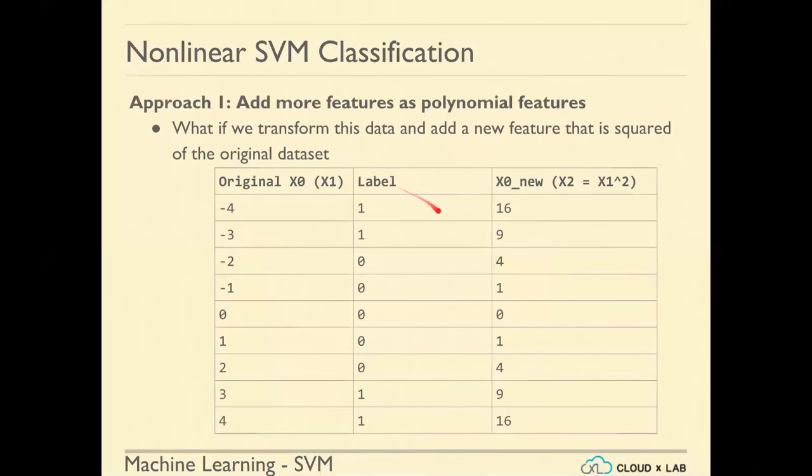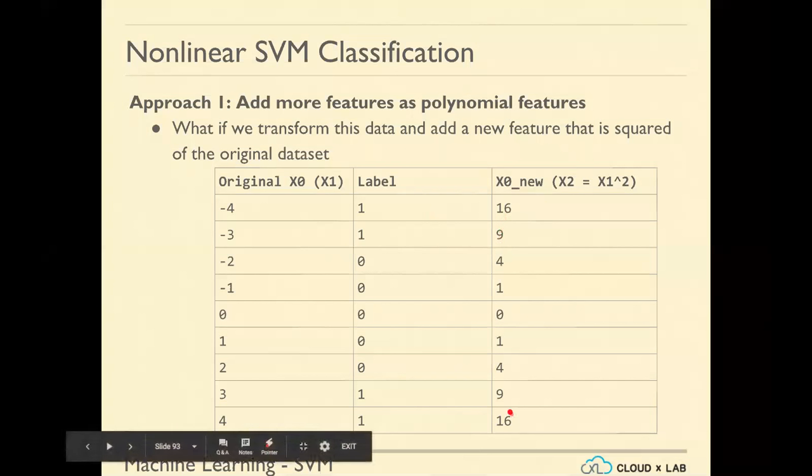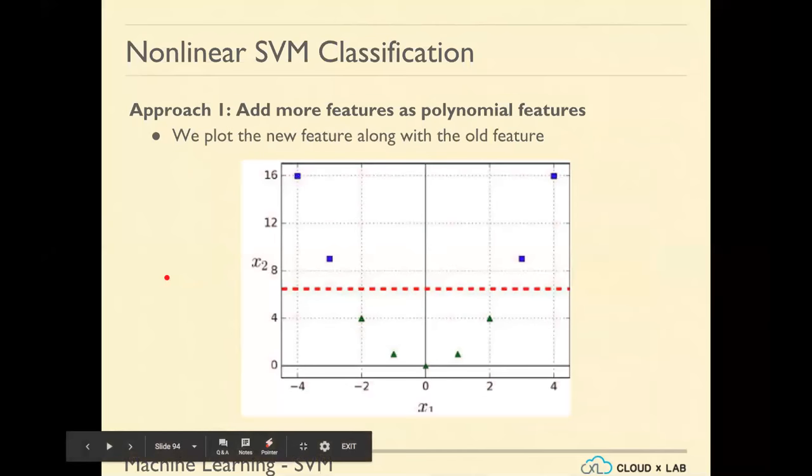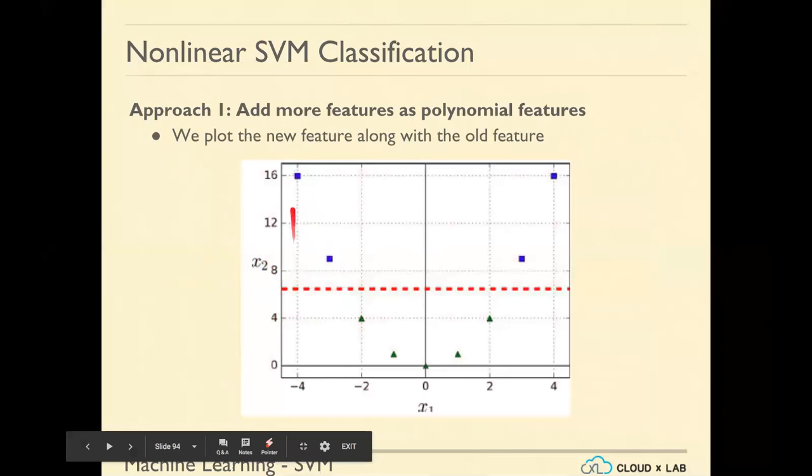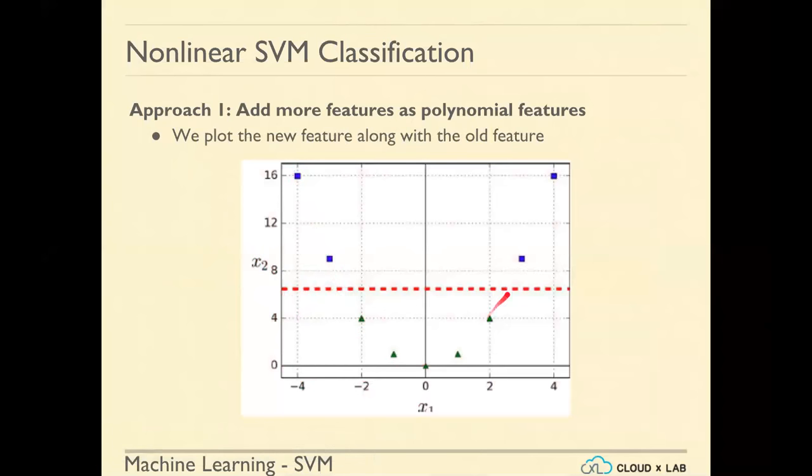So what we get as a data set is 16, 9, 4, 1, 0, 1, 4, 9, 16. This is how it would look. Though the feature x1 remains as such, the second feature x2 has become very prominent. So between x1 and x2, if we draw the plot, this is how it is going to look.